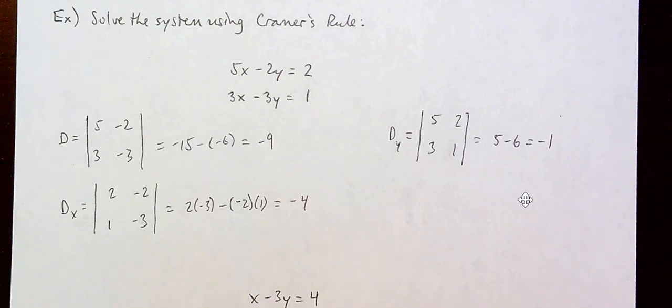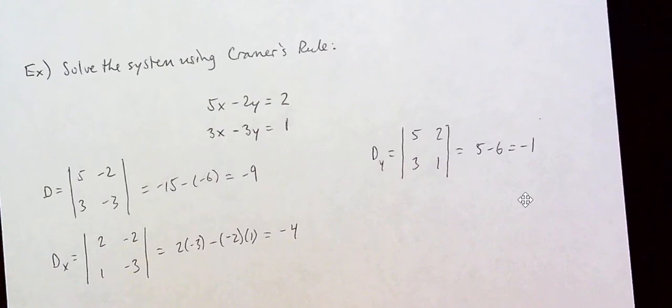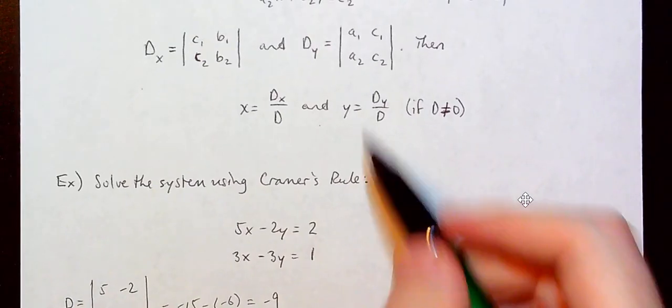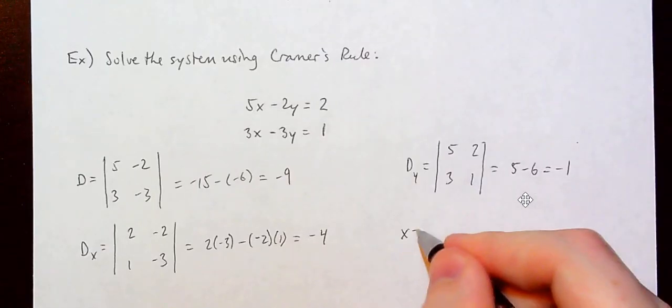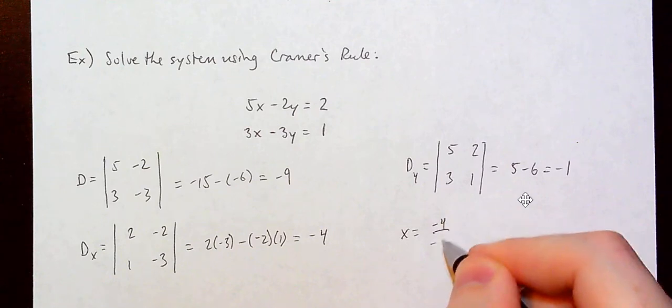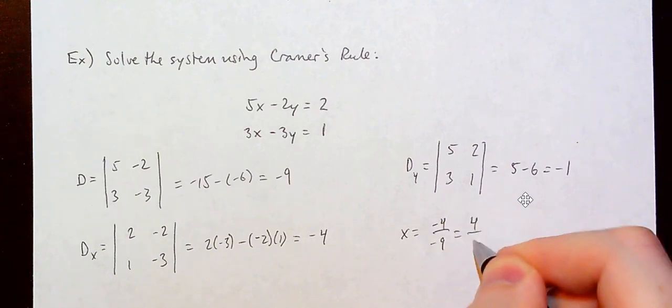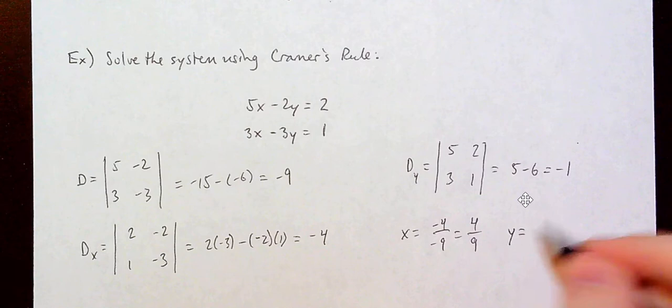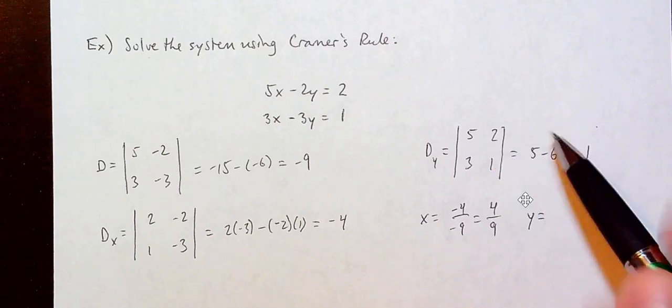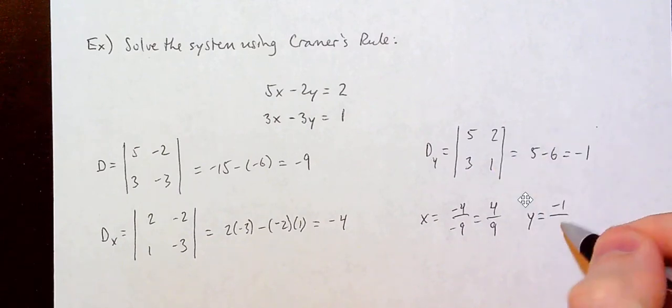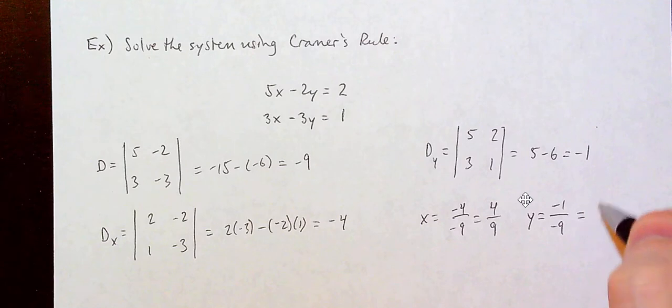So we found these three determinants. We just now need to use these basic formulas here. x is D sub x over D. So -4 over -9, or a positive 4/9. y is equal to D sub y over D, -1 divided by -9, or a positive 1/9.